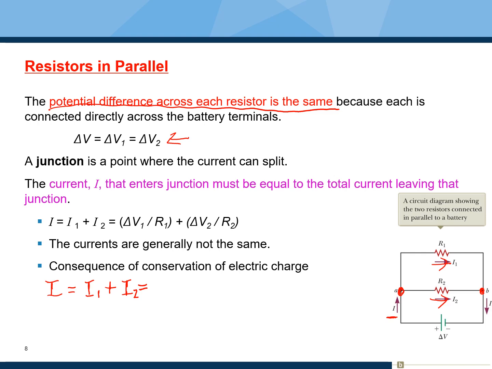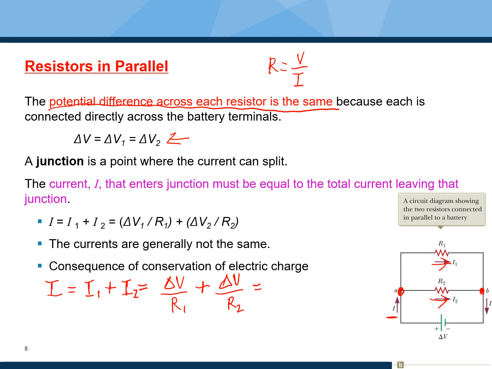We realize that I, from the fundamental notion of resistance, is equal to voltage divided by current. We realize that I1 should just be equal to delta V divided by R1, and I2 should be equal to delta V divided by R2.